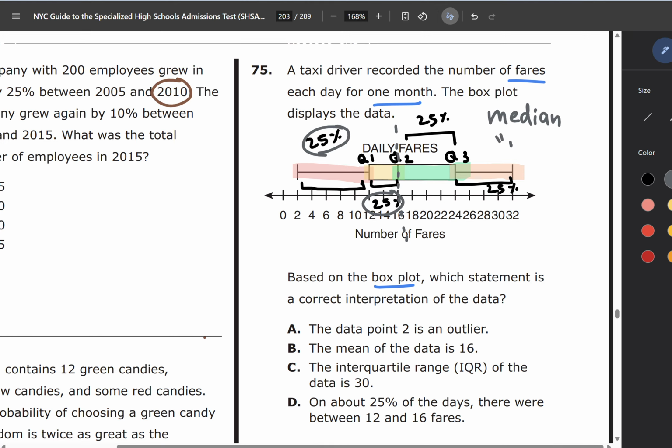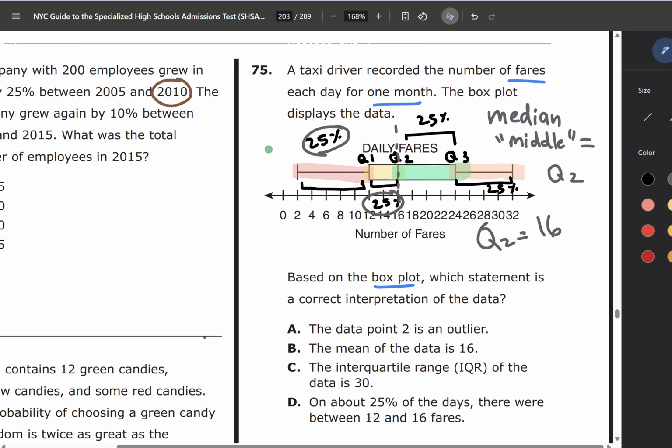So the median is the middle, and that median is represented by Q2. Whichever number falls at the Q2 mark, here it is 16. So the median, or Q2, is 16.